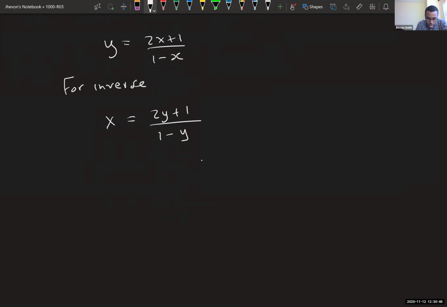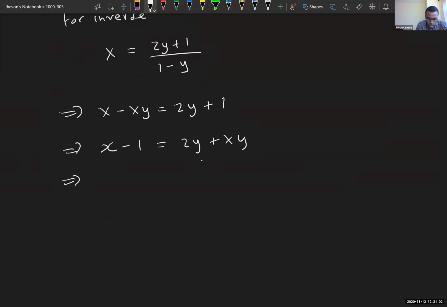And then solve for y. So this means that x minus xy is equal to 2y plus 1. Let me move the 1 to this side and the xy to that side. So this means that x minus 1 equals y times (x plus 2).